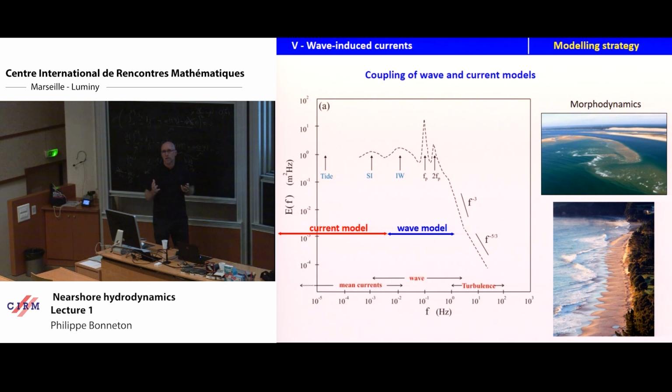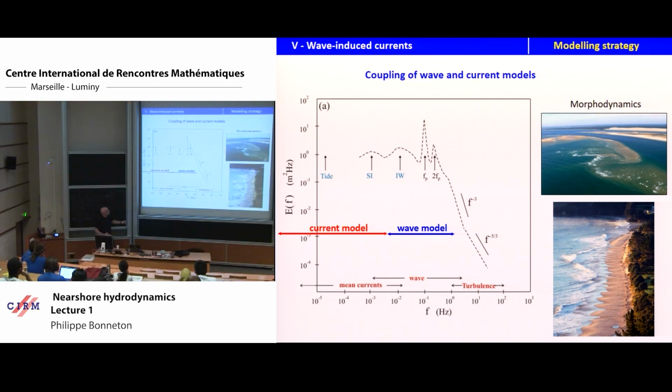For short time applications, for instance flooding induced by a storm, you need a phase resolving modeling approach, as I described today. But for long-term and very large-scale processes, especially for morphodynamic evolution and erosion, the time scale is about several months, several years.